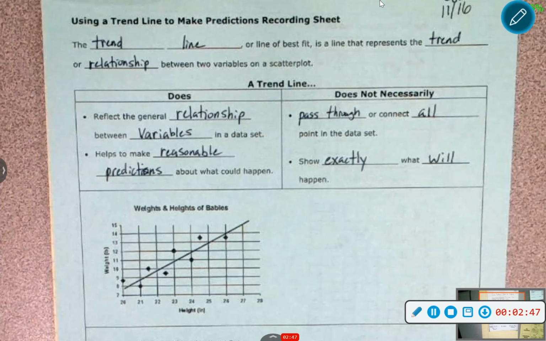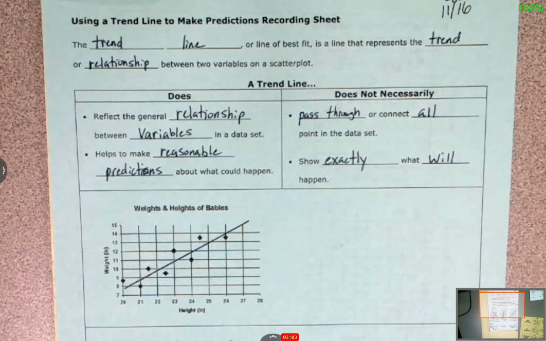And each point on this data set is an actual individual thing that was measured. And if you know anything about the real world, you know that not everything follows a rule perfectly every single time. There are general trends in data, and there are general trends in the real world, but there are always exceptions and outliers, and things don't perfectly follow a formula every single time.